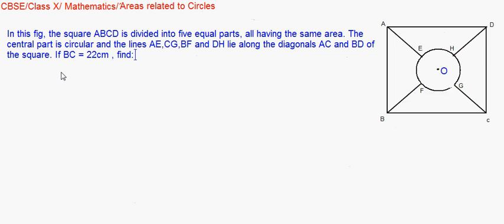The first one which we need to find is the circumference of the central part, the small circle, and also we have to find the perimeter of ABFE.